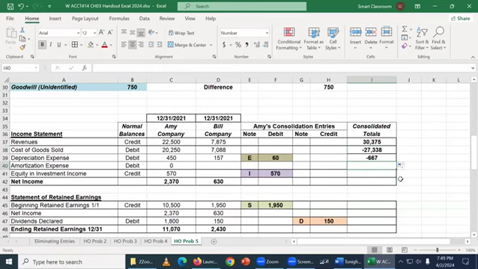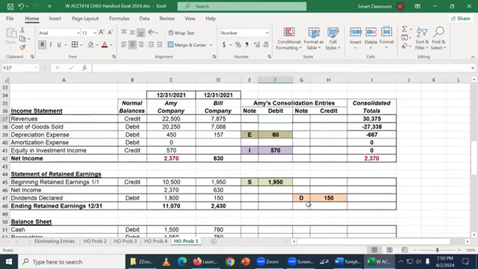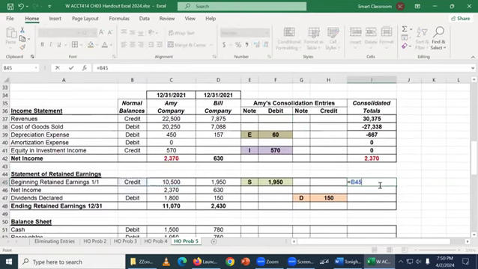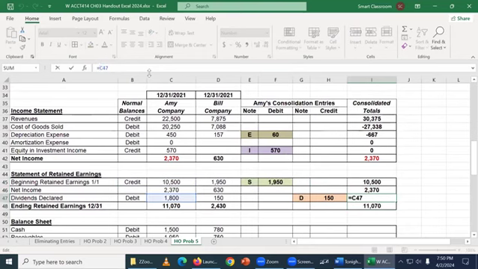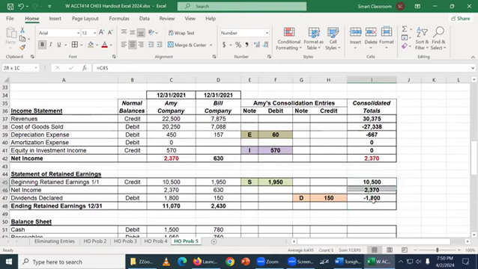Yeah, that's right. Okay. They both match, and they do. And this is just basically everything from over here. The only difference that I usually do is I usually put this in as a negative because it does get subtracted out. If you don't put it in as a negative, that's fine too, as long as you get the same ending balance. Dividends do get subtracted, so as long as these two are the same.